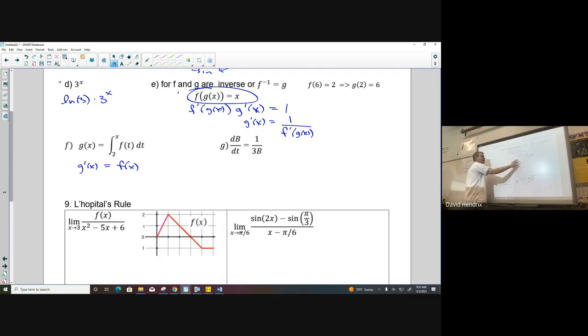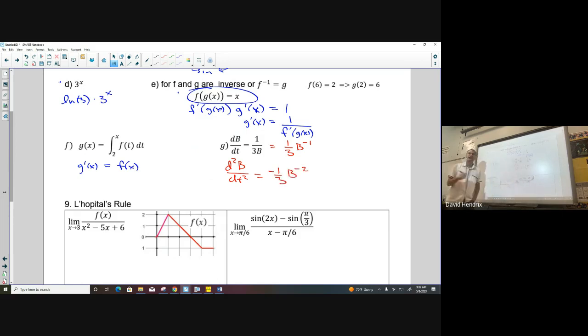And if you're going to actually find the second derivative of this, so d squared b over dt squared, we have to take the derivative of this, right? And so the derivative of this is really, this is going to end up being 1/3 b to the negative first. And so if we find the derivative of this, we get negative 1/3 b to the negative second.